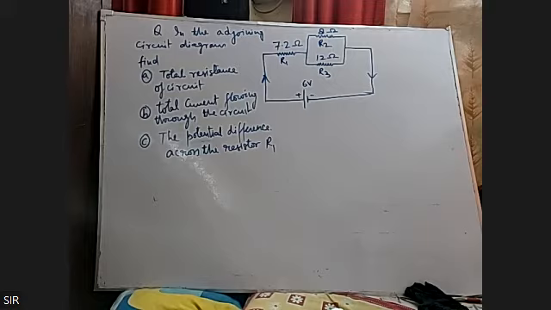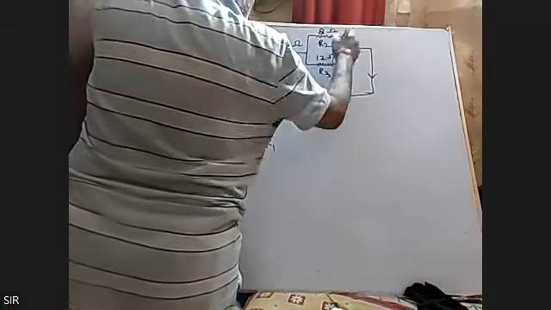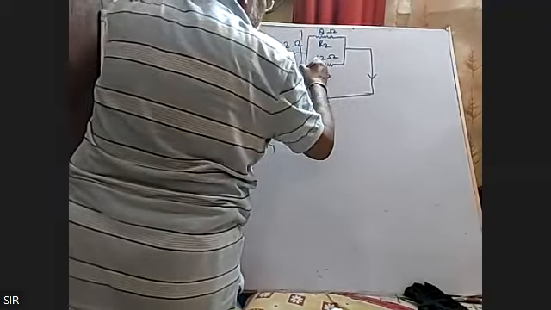This is a parallel one, which is connected in series with the R1. So calculate R2, R3 in parallel, right? What will be the value of R2 and R3? See, I am doing this question. For this section only, I'll take first this section only.